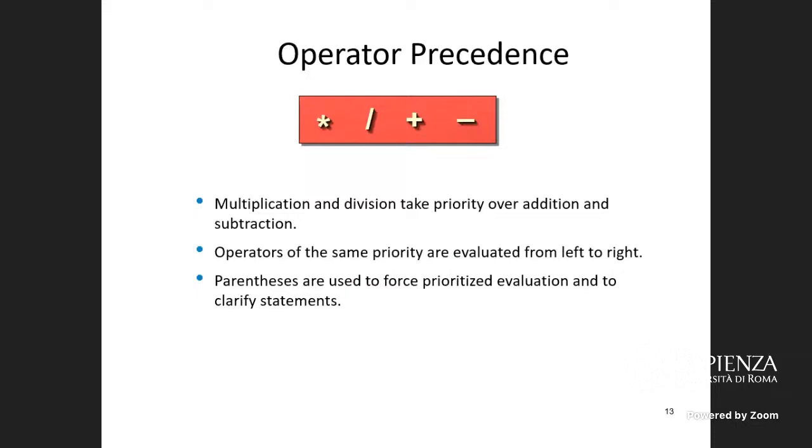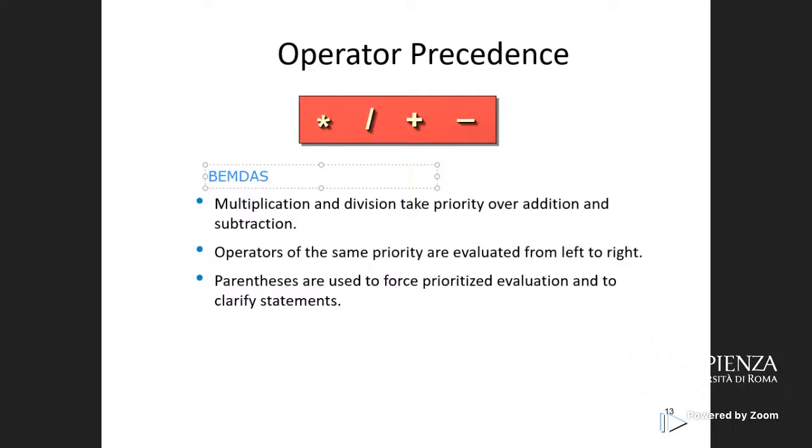And then there is operator precedence. This is how senior these arithmetic operations are to each other. The way this works is it follows the order we call BODMAS, or BEMDAS, yes.